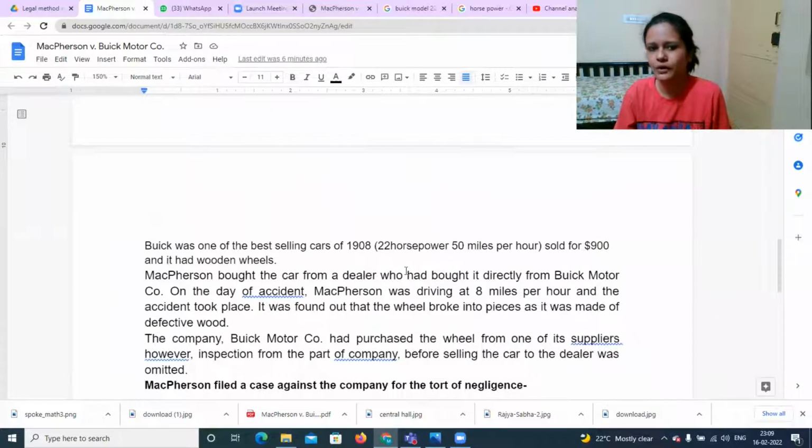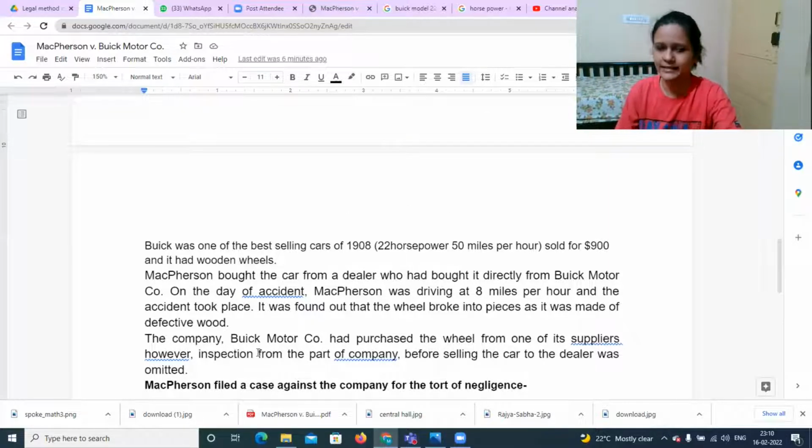So Buick was one of the best-selling cars of 1908, around that period. It had 22 horsepower and 50 miles per hour. And this was sold for $900. And it had these wooden wheels. MacPherson bought this car from a dealer who had bought it directly from the manufacturer, Buick Motor Company.